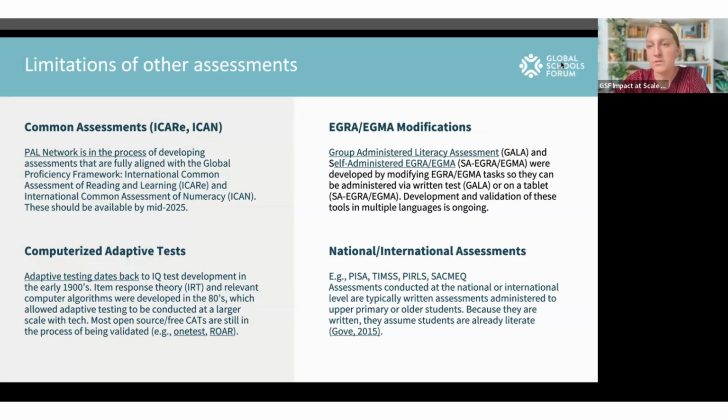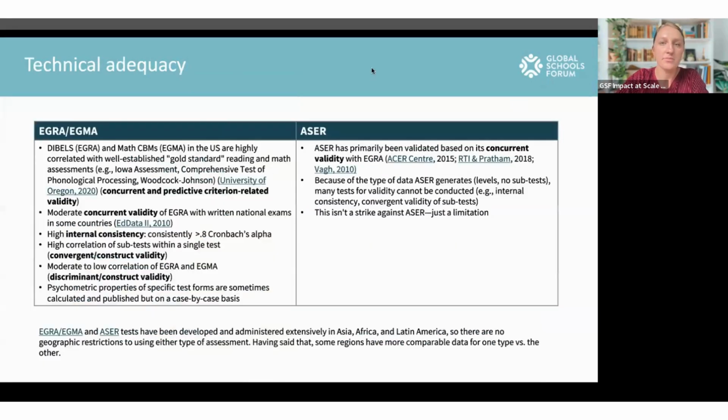But of course, all of these areas have active research going on and may very well change in the coming years. And we're also not talking about national or international assessments because for the most part, these are written assessments. And so that's something that's going to come after these FLN assessments.